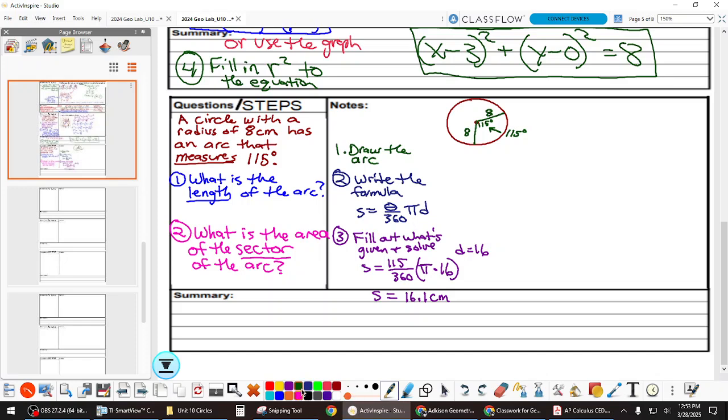So number 2, again, hopefully you wrote this yesterday, right? Okay. So for this, let's go ahead and highlight. I don't know if you guys are using highlighters, but let's highlight that sector. And we'll write down the formula. So I think I said yesterday the steps are the same. Theta out of 360 times pi times radius squared.